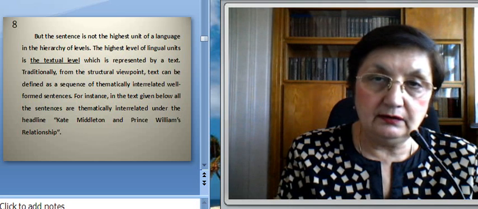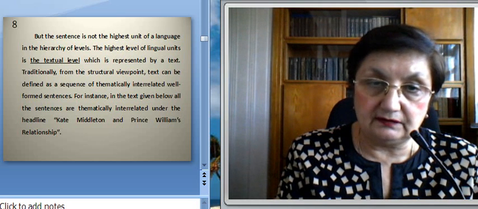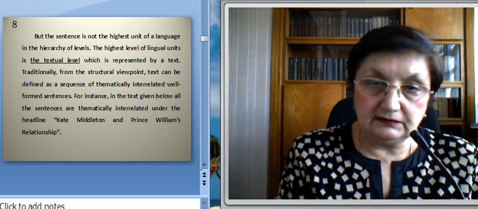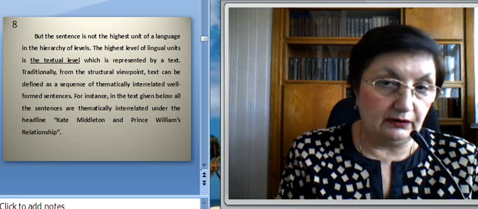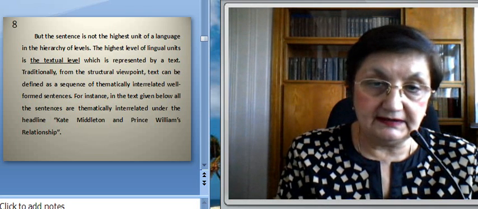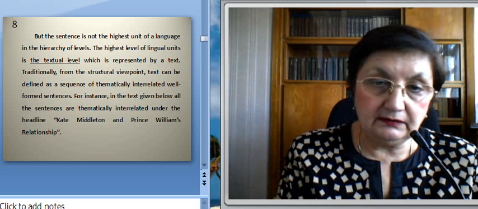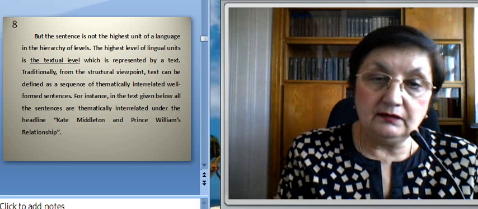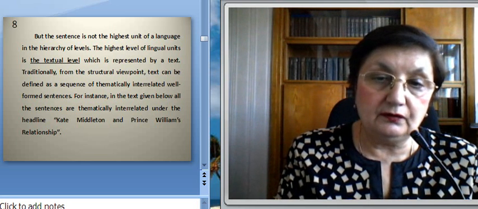For instance, in the text given below, all the sentences are thematically interrelated under the headline Kate Middleton and Prince William's relationship. Let's read the text.